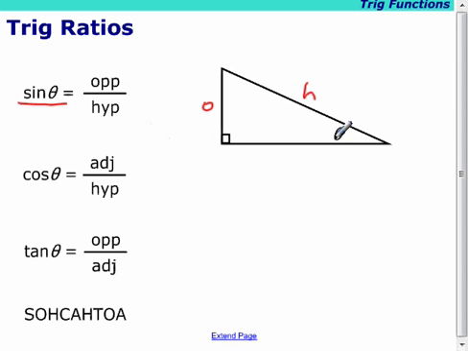Whereas the cosine, if I was looking at the cosine of theta, it would relate the adjacent side to the hypotenuse. And finally, the tangent relates the opposite side to the adjacent side. SOHCAHTOA is a nice way of remembering those. Sine is opposite over hypotenuse, cos is adjacent over hypotenuse, and so on. So if you want to learn that, that'll help you remember the ratios.